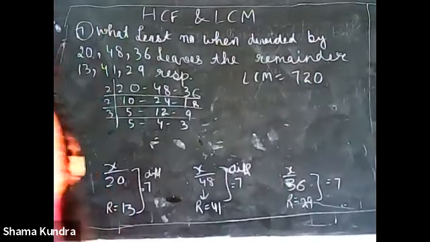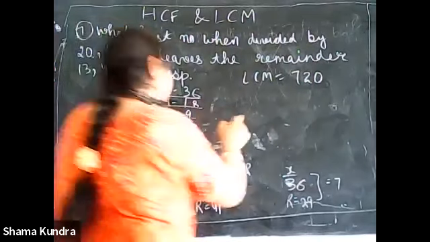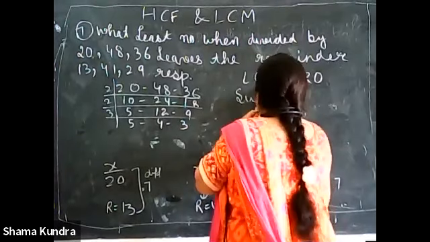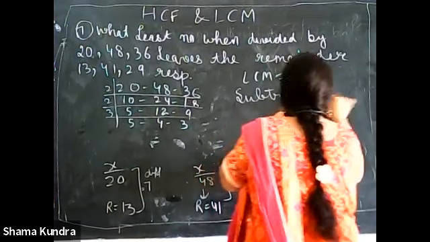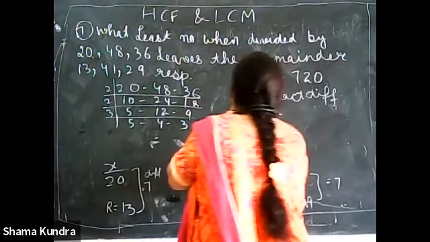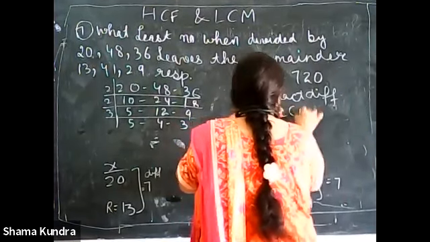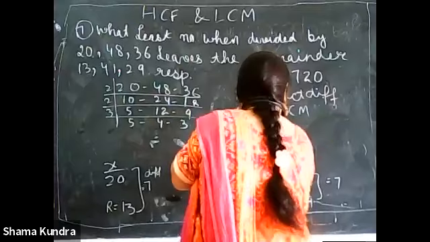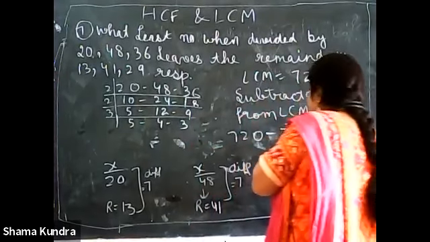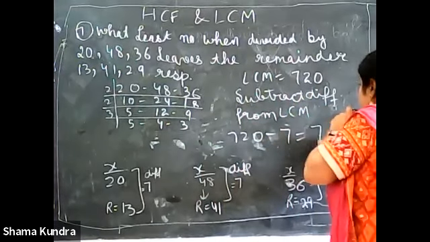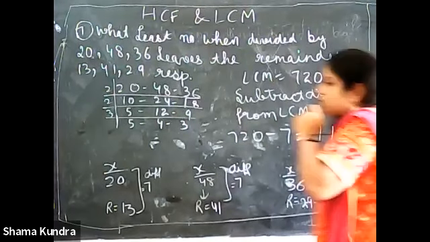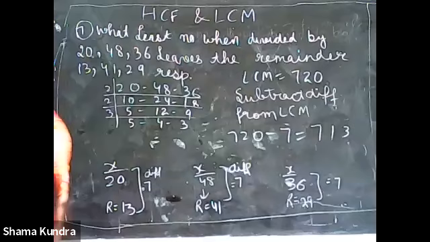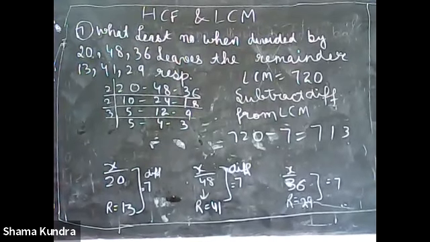But you have to subtract the difference from the LCM. 720 minus the difference 7. You will get 713. Your answer is 713.